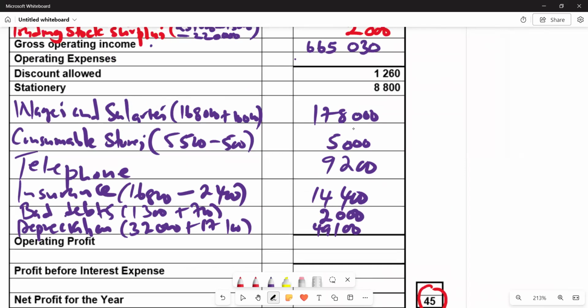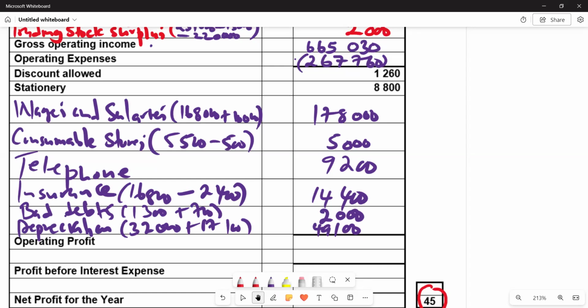So let's just try to add it. If you add correctly, you are going to get 267,760. And then obviously we are going to subtract this figure, put it in brackets, from gross operating income. So we are saying 665,030 minus 267,760. So let's just try to calculate it: 665,030, and then we subtract 267,760.